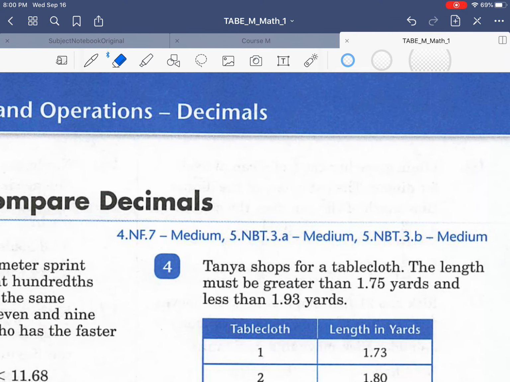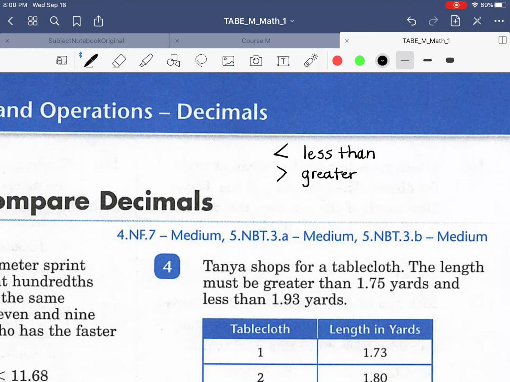But just to review those symbols, because a lot of folks have trouble with these: this one is less than, and this one is greater than. When we compare these decimals, we're going to be using these symbols to determine which decimal is bigger, which is smaller, and so forth.